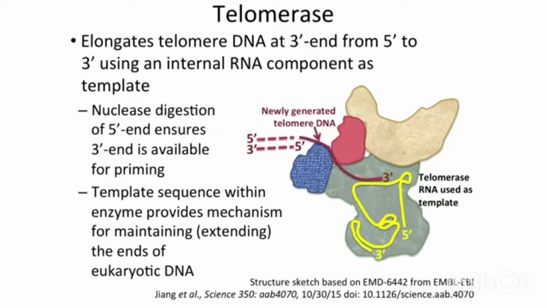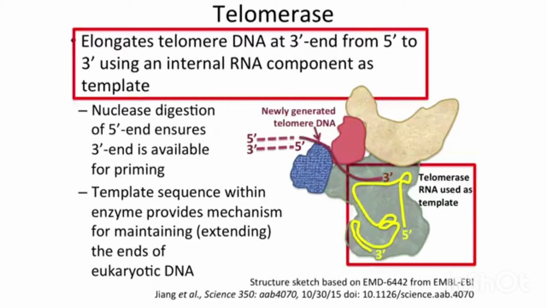Without telomerase, the telomeres at chromosome ends would shorten. Telomerase extends the 3' end using an RNA template that is part of the protein itself.